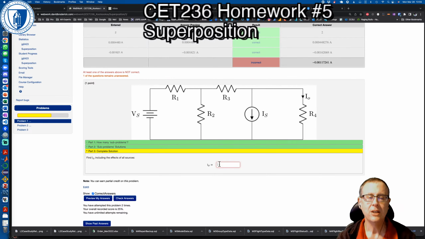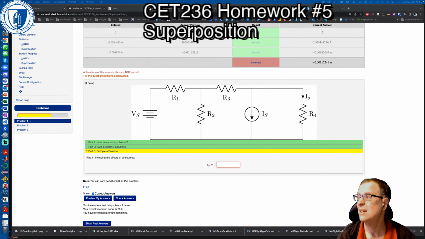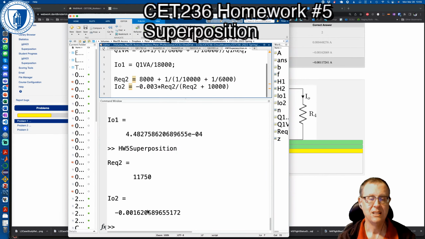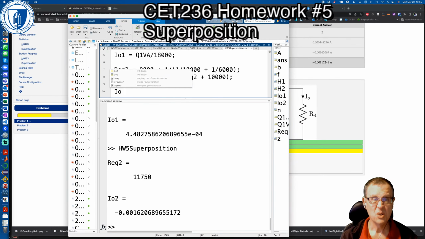And then the total is just going to be the addition of those two. So, where's MATLAB? There we go. Right, so our I/O for Q1 equals I/O1 plus I/O2.